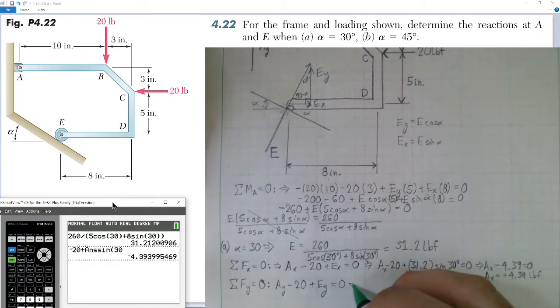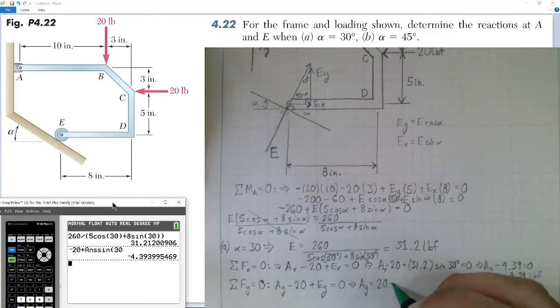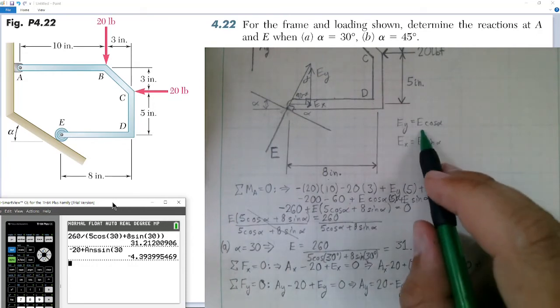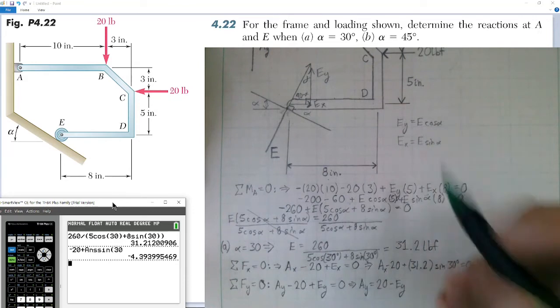So I'll go ahead and move these terms over. I'll say AY equals 20, move 20 over to the side, move EY over, subtract it. So positive 20 minus EY. So now I just need to determine what the value of EY is equal to. Well, I know it's equal to E cosine of alpha.